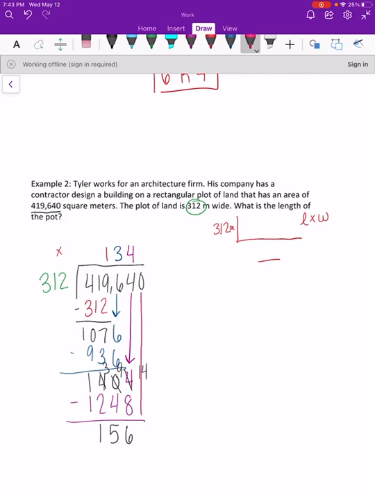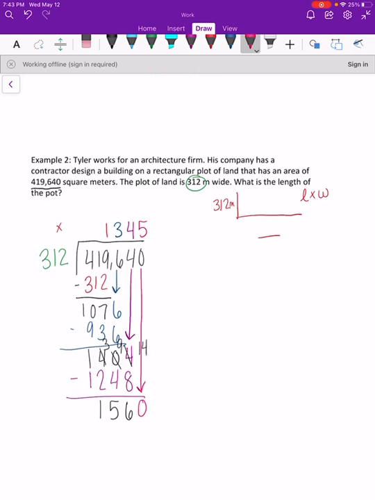So we have 1,560. How many times does 312 go into 1,560? Well, if I think about just 300, 300 times 5 is about 1,500. So I'm going to try 5. Now I'm going to multiply 5 times 312. 5 times 2 is 10, so 0, carry the 1. 5 times 1 is 5, plus 1 is 6.